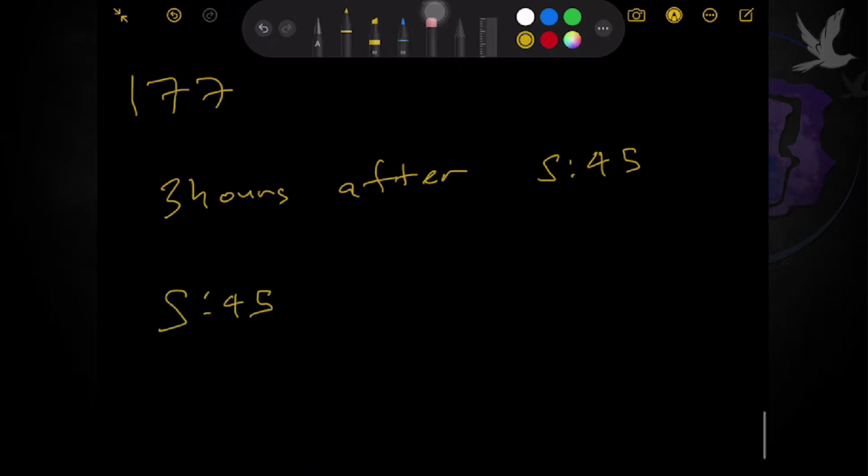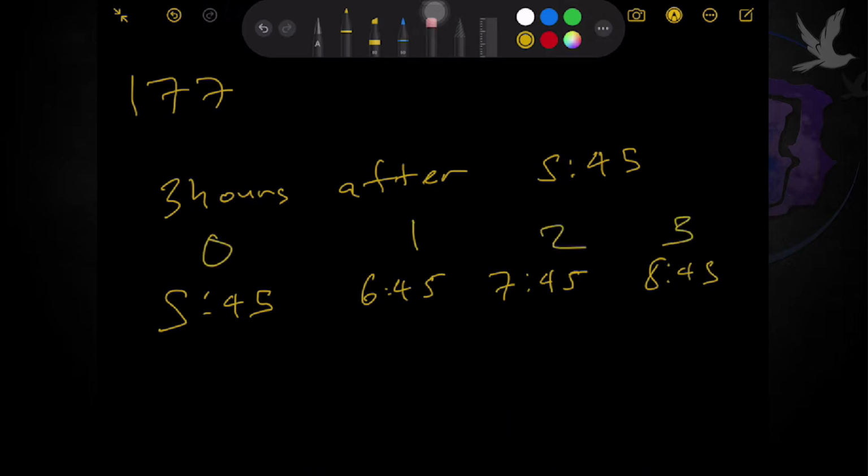And if you add another hour, so that's 6:45, 7:45, and 8:45. So that's 0, 1, 2, 3. So 3 hours, correct na. So ano yung time after that? It's 8:45. Okay? So basically ganun lang for page 177.